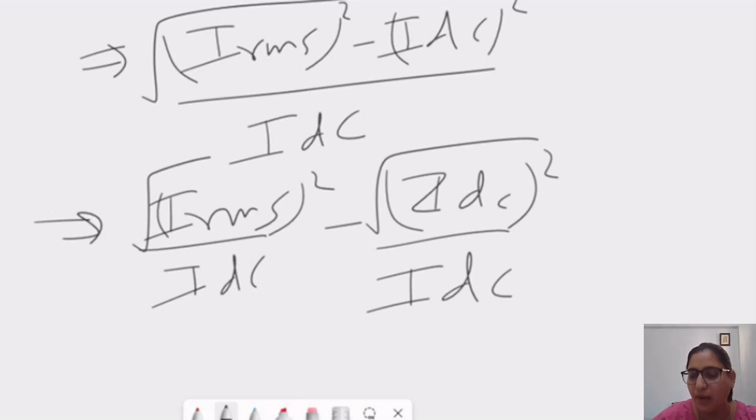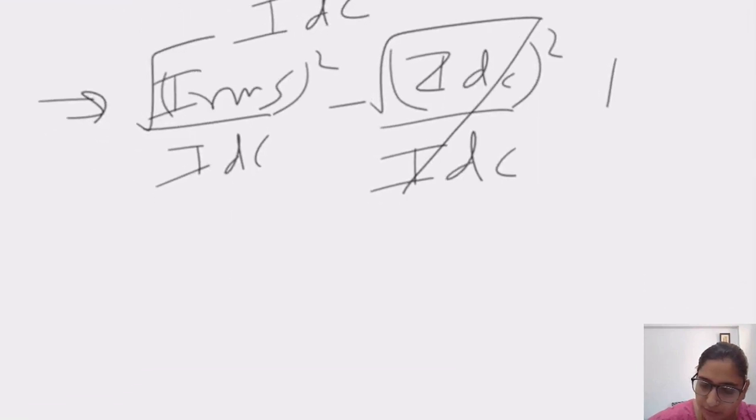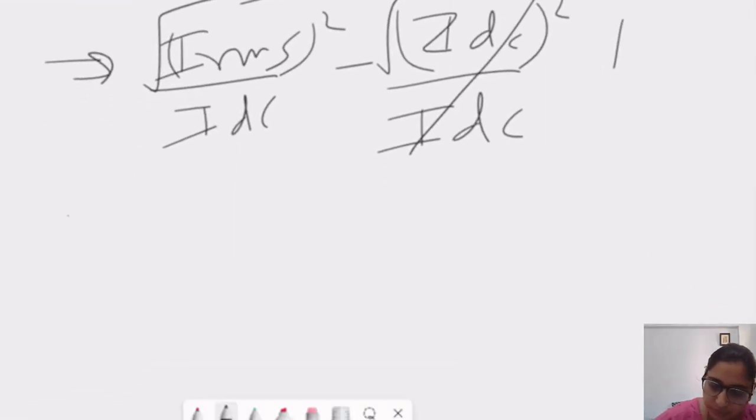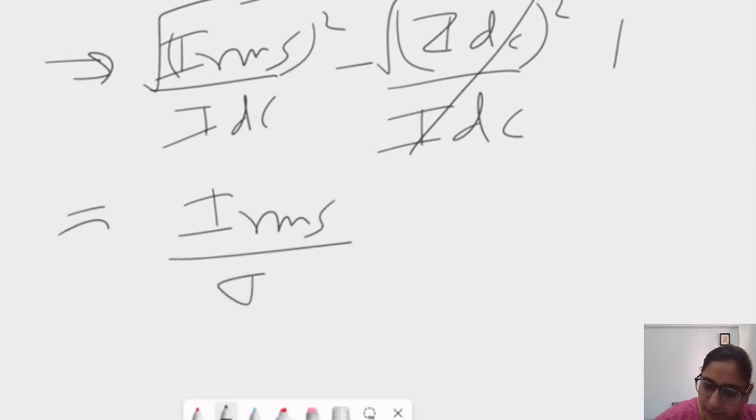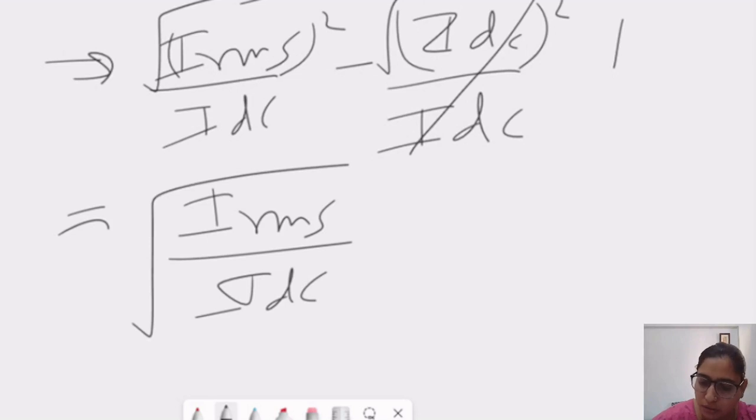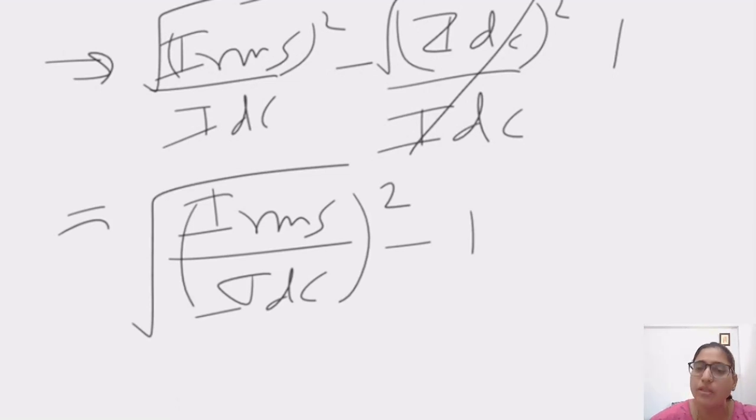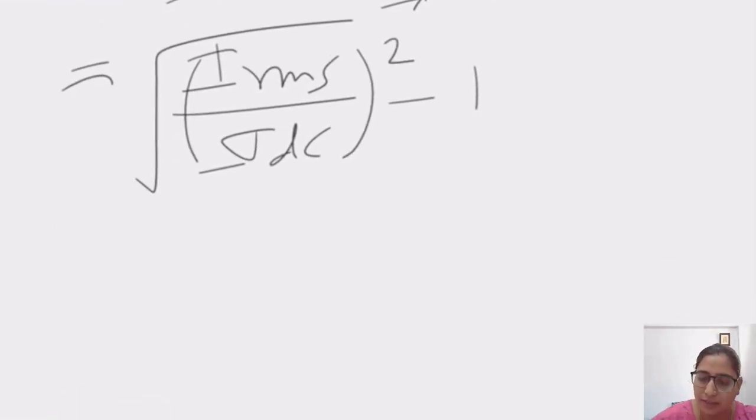If I remove the square and under root from this, it will become IDC, so it is cancelled out and becomes 1. Now we are left with IRMS over IDC, with the square of both, minus 1.